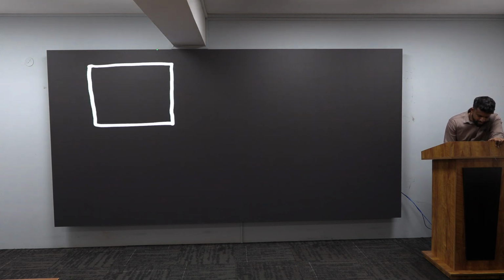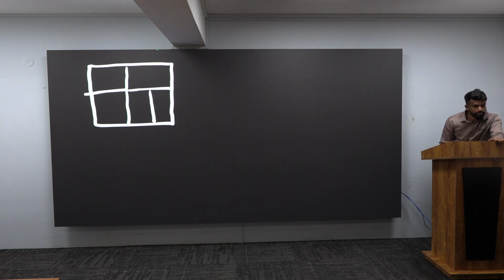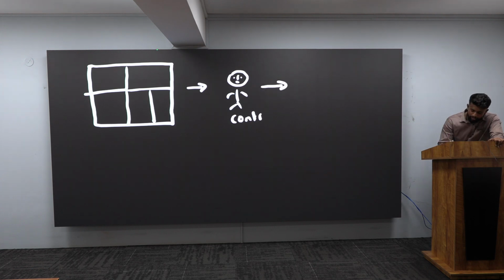See, I'm having one design. This is a design to build one house. Now, looking at this design, you are giving it to one person. Who is he? Contractor. Now, looking at this design, 100%, he will build one house like this.